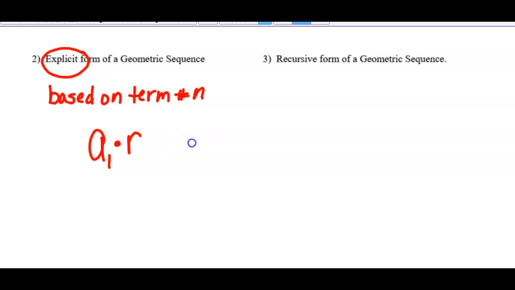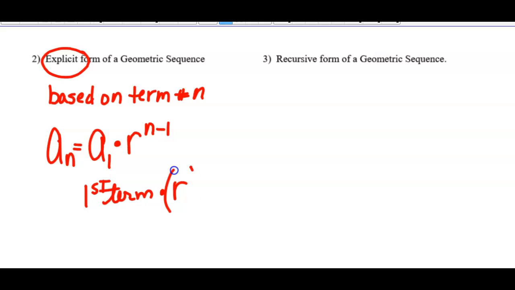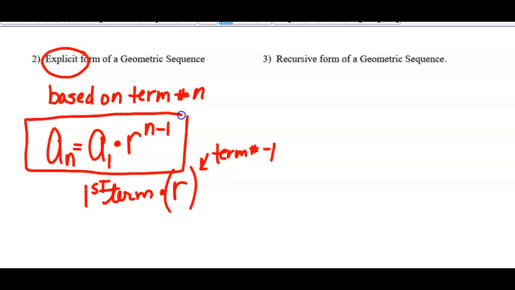But remember, for the first term, you didn't have to multiply by R. So every time after that, you multiply by R. Okay, so it's the first term multiplied by R, and then it's the term number minus 1 as the exponent. Okay, so that's the explicit form.